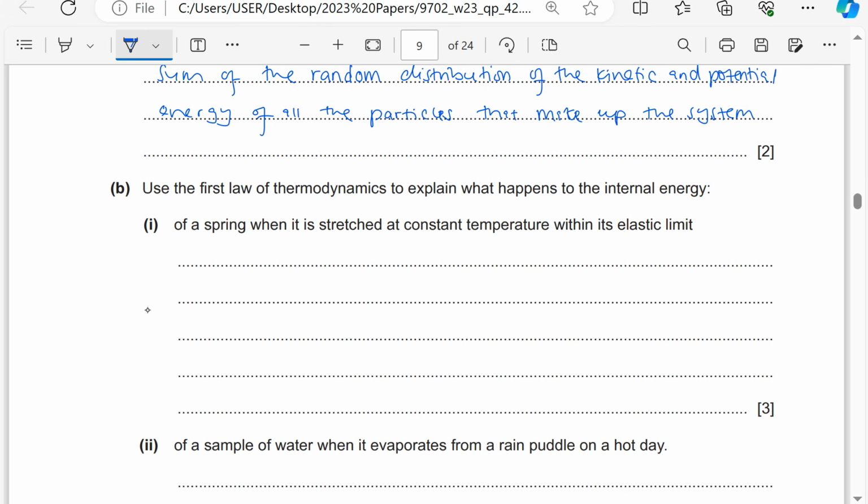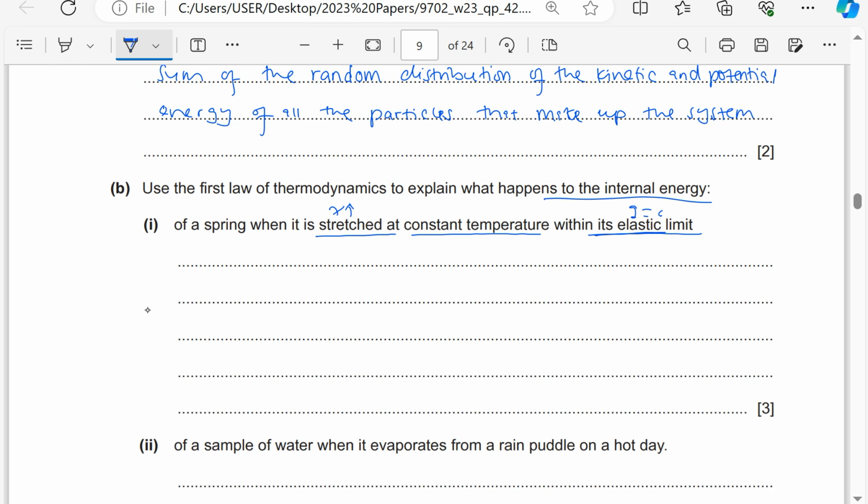Use the first law of thermodynamics to explain what happens to internal energy of a spring when it is stretched. So that means V increases at a constant temperature within its elastic limit. If it is within its elastic limit, then there is no energy dissipated as heat.